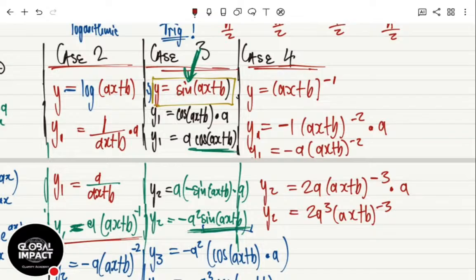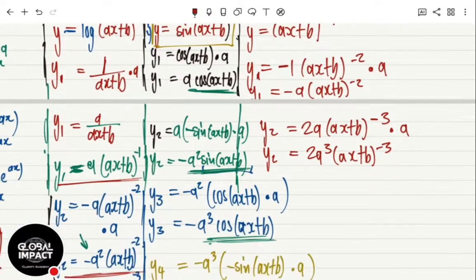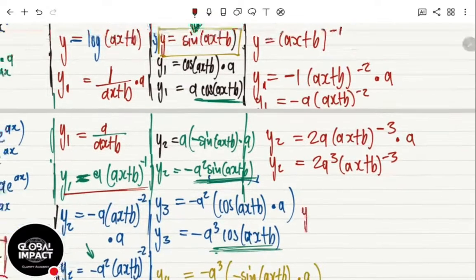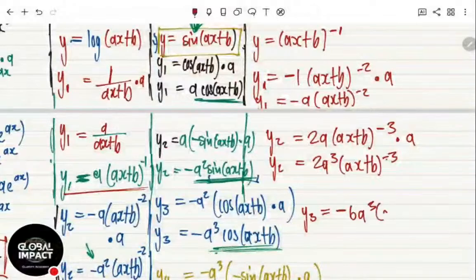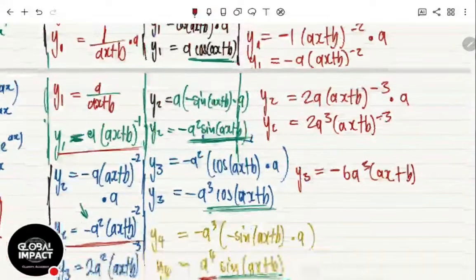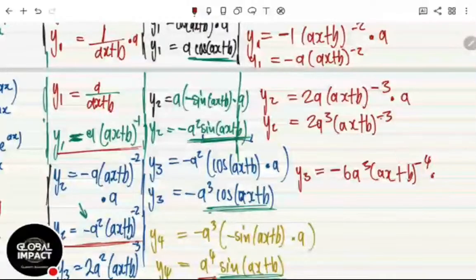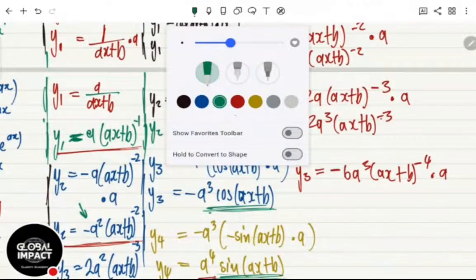We're trying to see if there is a trend. Then you can follow y3. It is going to be negative 3 times 2, which becomes negative 6, a cubed, then it is ax plus b. You have dropped down the power, it's now to the negative 4. Then multiply by the derivative of the inside. Derivative of ax is a. That's what you do.